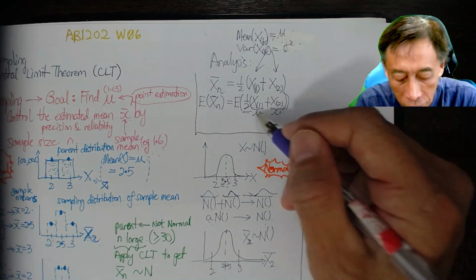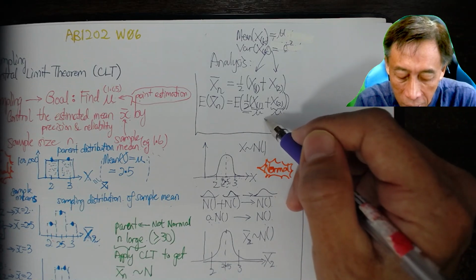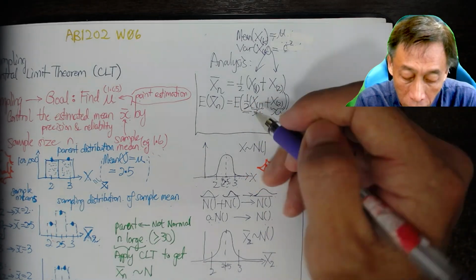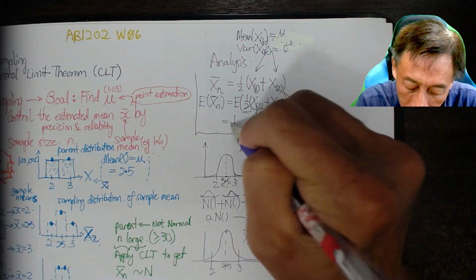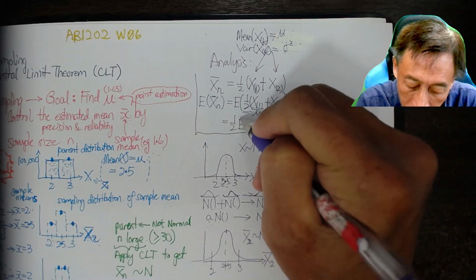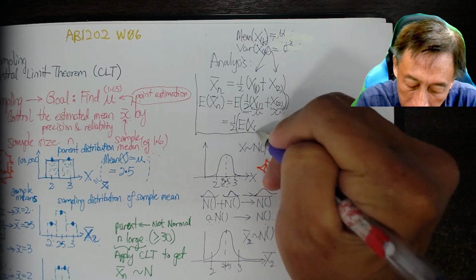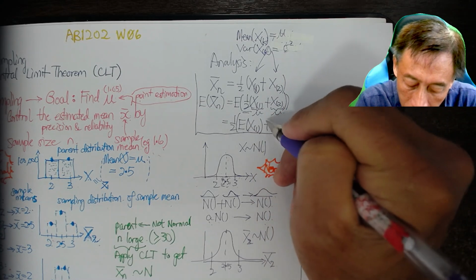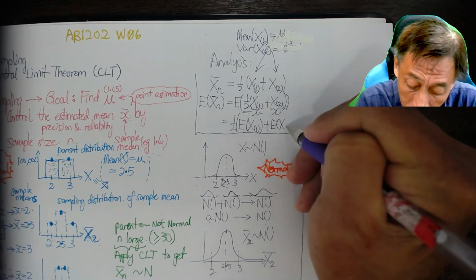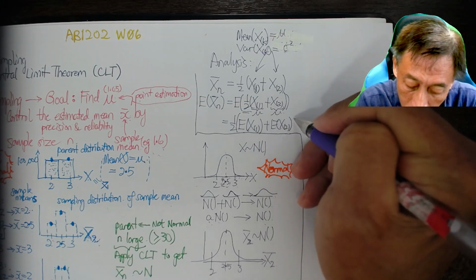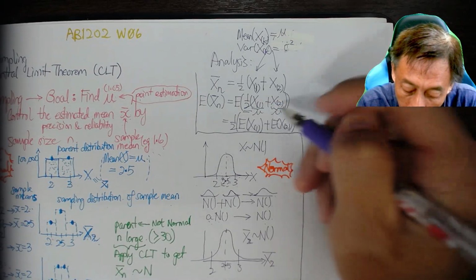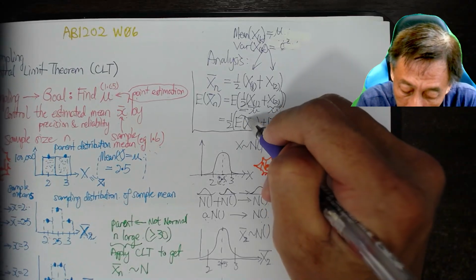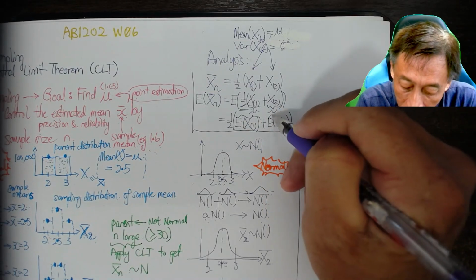First of all, we bring out the half to get E of x of 1 plus E of x of 2. Now, I should not confuse you with this here, but mu is this expected value, isn't it?